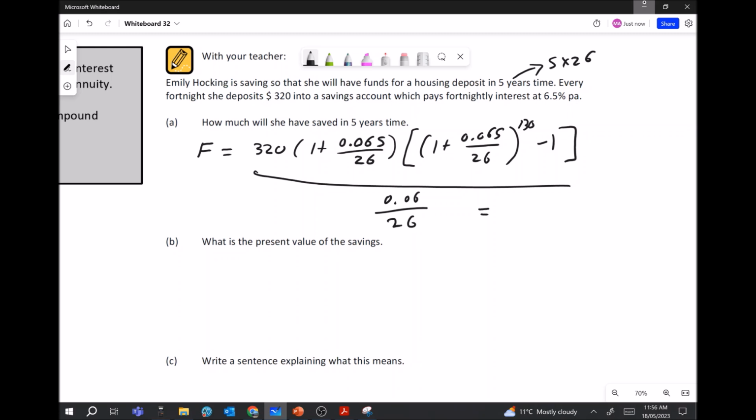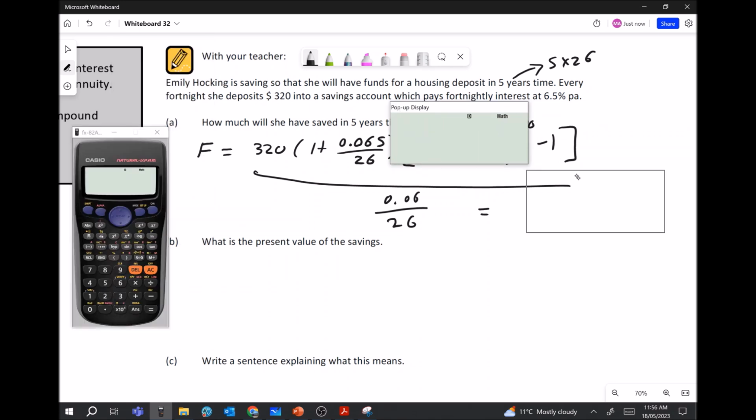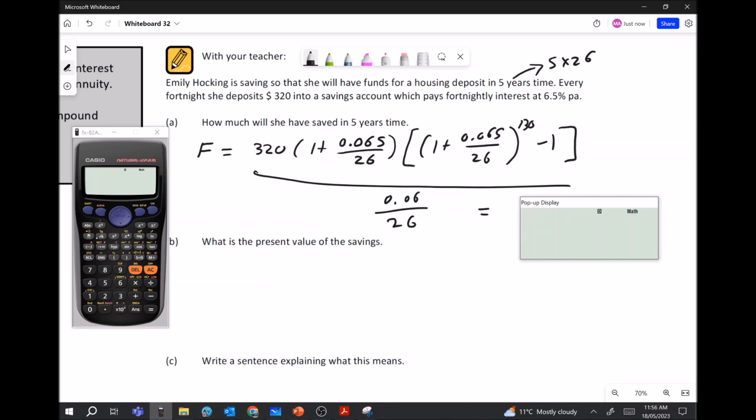Okay, so if we put that into the calculator, we get this. Once again, a rather long formula. It'll take me a little while.